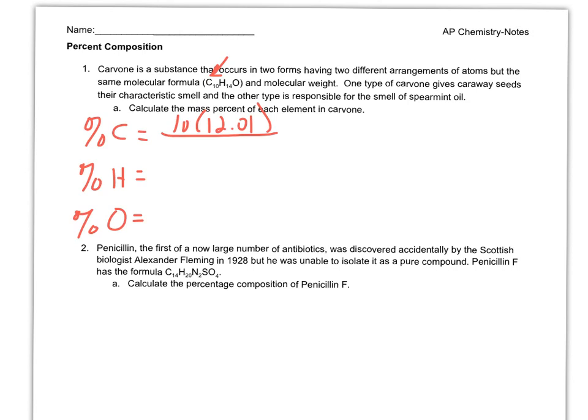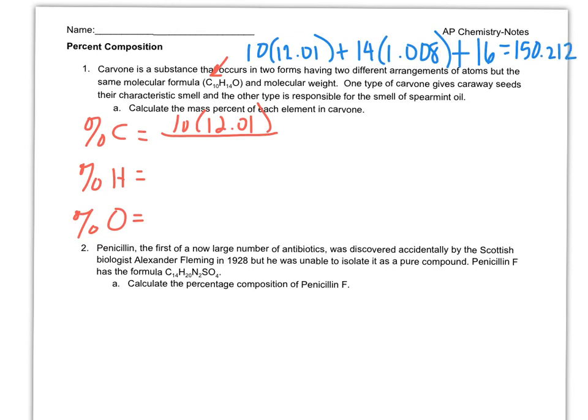I have 10 carbons plus 14 hydrogens, each at 1.008, and you should be finding these masses on the periodic table, plus 16 for oxygen, because the mass of oxygen is 16 and there's only one of them. When I add all of that up, I get 150.212. That's my whole, so I'm going to put that in the denominator.